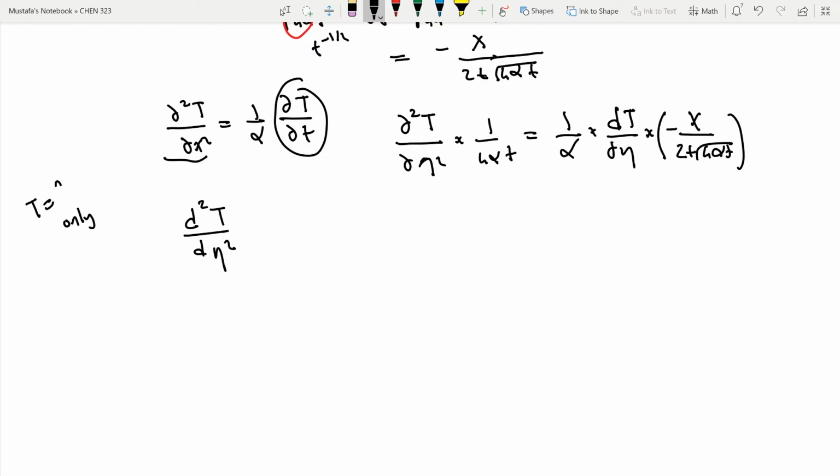T is only a function of eta. So I'm switching from a partial differential equation to an ordinary differential equation, since I only have one variable. So I'm going to organize this a little bit. So I have dT by d eta.